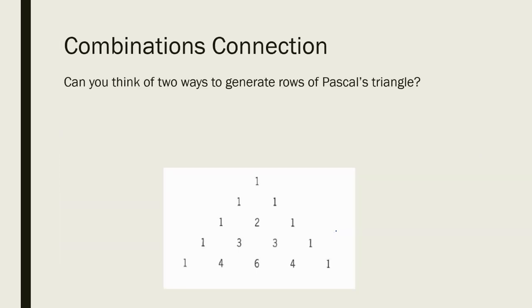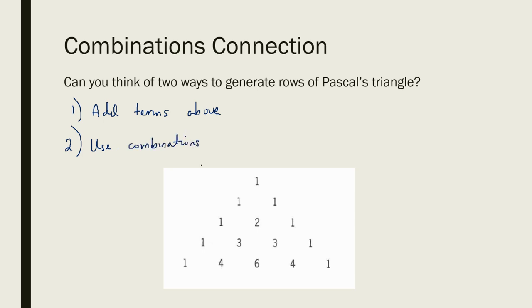Now we have 2 ways of generating rows in Pascal's triangle. One, to get the next row, you use that rule of adding the terms above. Or two, you can actually use combinations to get rows in Pascal's triangle.